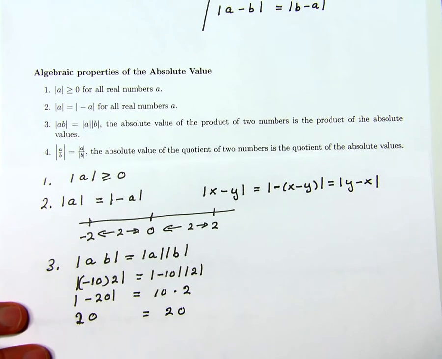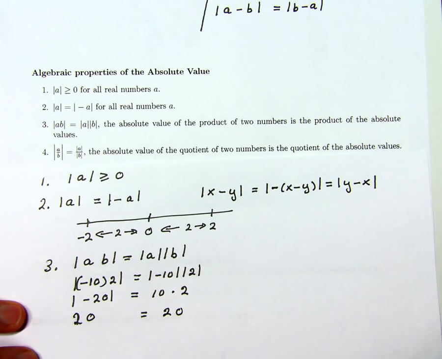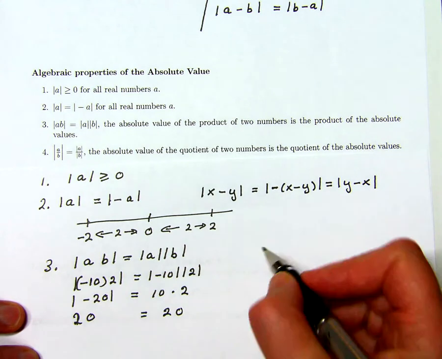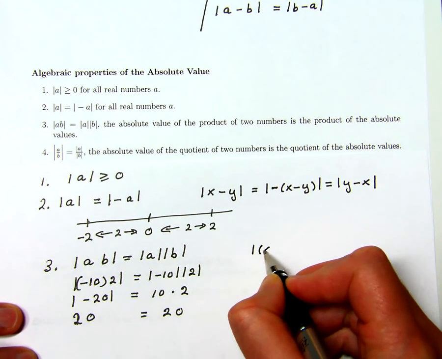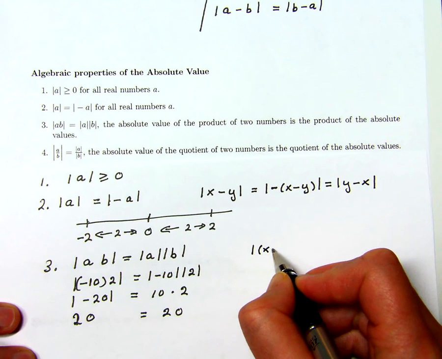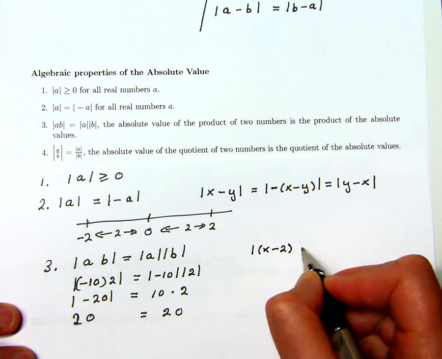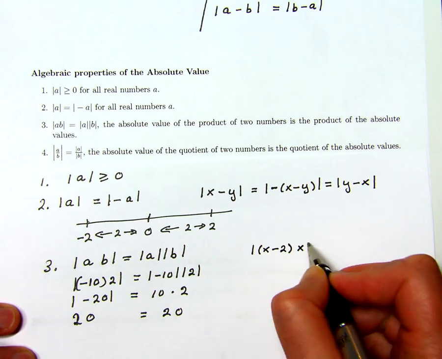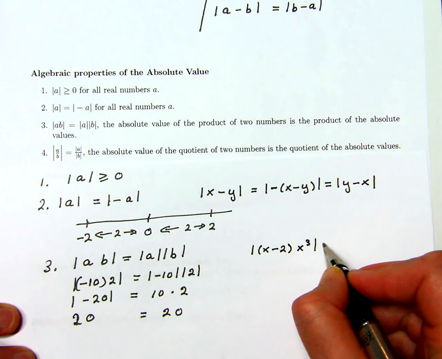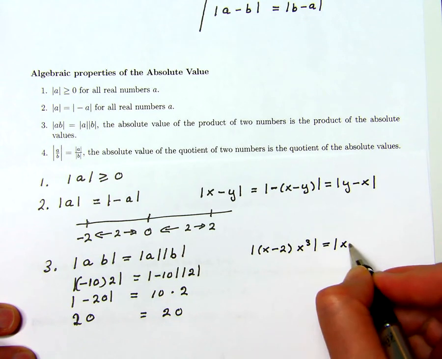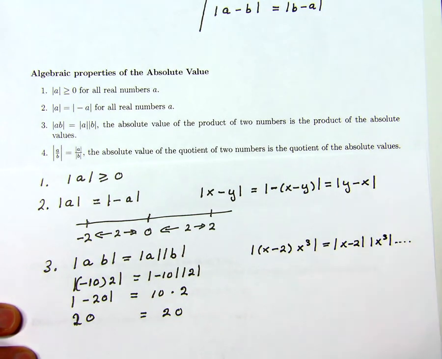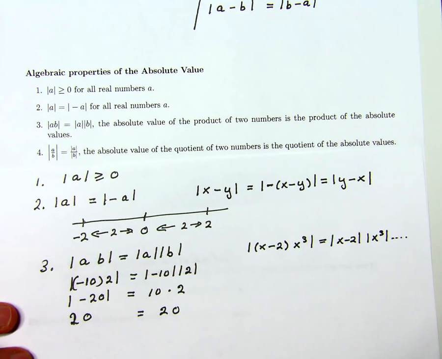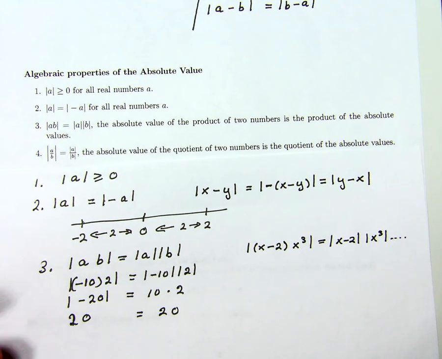Now in this case, both calculations are very easy, but in the case where we will deal with abstract variables later on, we'll be looking at things like the absolute value of x minus 2 times x cubed, and we'll be able to say that that's the absolute value of x minus 2 times the absolute value of x cubed, etc., in our calculations. So this becomes very important when you're dealing with abstract variables.